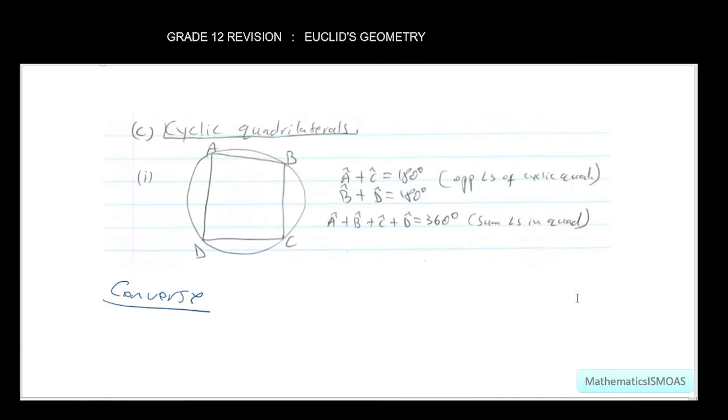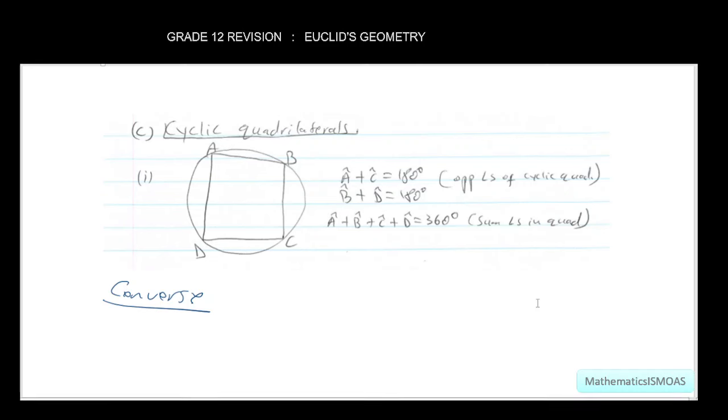We are done with the tangents, and now we are moving to cyclic quadrilaterals. Number one, we have a cyclic quadrilateral ABCD. Why is it a cyclic quadrilateral? Because all four vertices A, B, C, and D are on the circumference of the circle. Therefore, it is a cyclic quadrilateral.